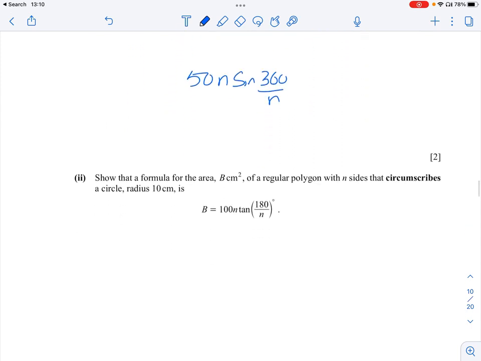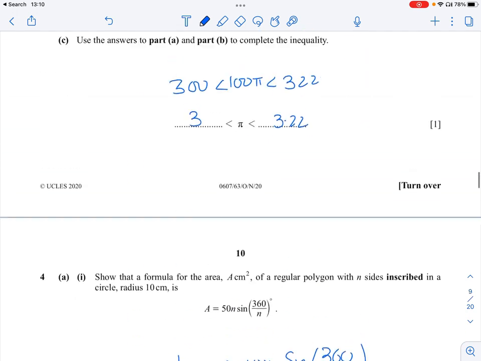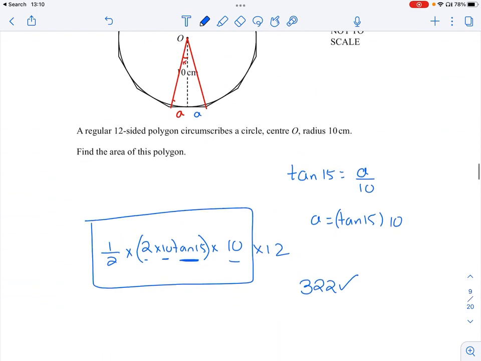Show that the formula for area B centimeter square, the regular polygon with n sides that circumscribes the circle of radius 10. So for that, we are going to take this one. We can see that it is half times 2 times 10 times tan 15. From where did I get 15? I got it from 360 divided by n, and again we are dividing into two parts.